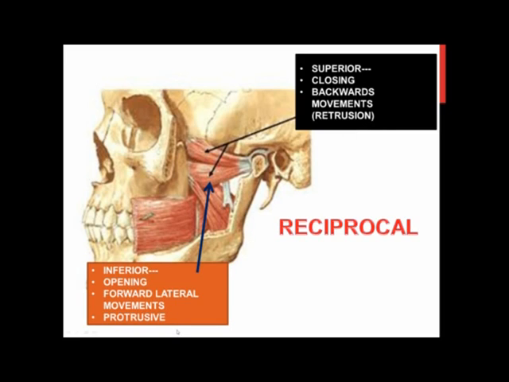The inferior head was purported to be active predominantly during forward movements, which included straightforward movements called protrusive, or those which were on a lateral trajectory, or sideways movement while going forward. Always, it's associated with opening. The reciprocal function became part of dental treatment protocols.